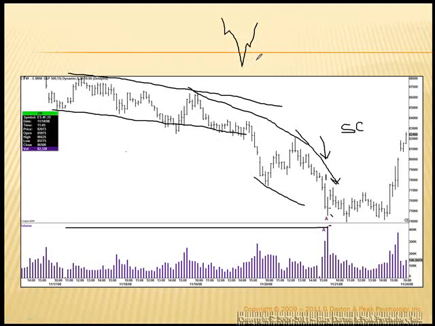So that's a V-spike reversal. These happen about 10 to maybe 15% of the time. So they're not worth thinking about too much.